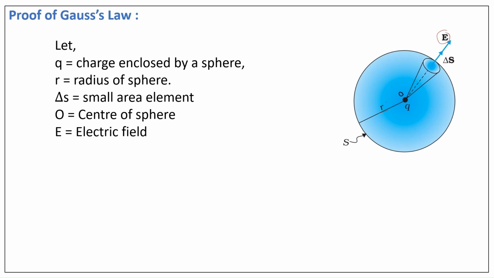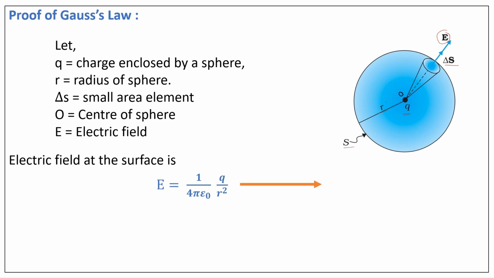Let delta S be the small area element on the surface of the sphere, S be the area of the sphere, Q be the charge enclosed by a sphere. Therefore, electric field at the surface is E is equal to 1 by 4 pi epsilon naught into Q by R square. Mark it as equation number 1.